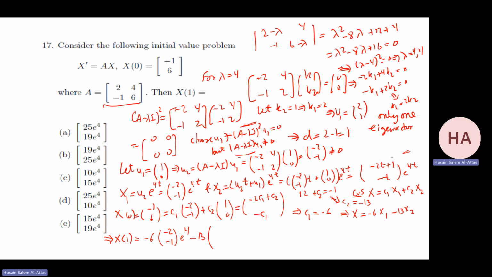Here x2 at 1 is minus 2 plus 1, that is minus 1, and the second entry at 1 will also be minus 1, e to the power 4. So let me do the calculation. That will be (12, 6) e to the power 4 plus (13, 13) e to the power 4. And this equals (12 plus 13, 25; 6 plus 13, 19) e to the power 4.